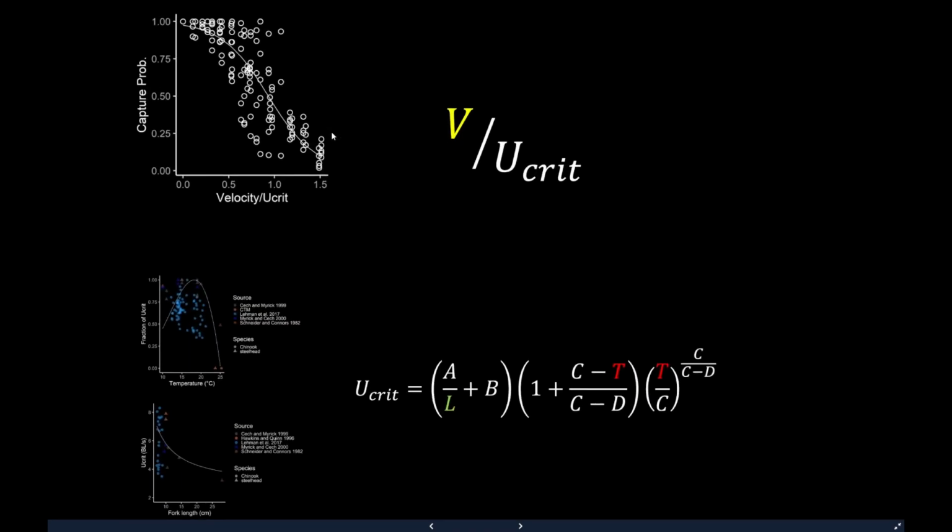So let's look at capture success. Capture success is dictated by the velocity of the water relative to the critical swimming speed, and critical swimming speed, as you saw earlier, is determined based on an inverse equation multiplied by a beta sigmoid.